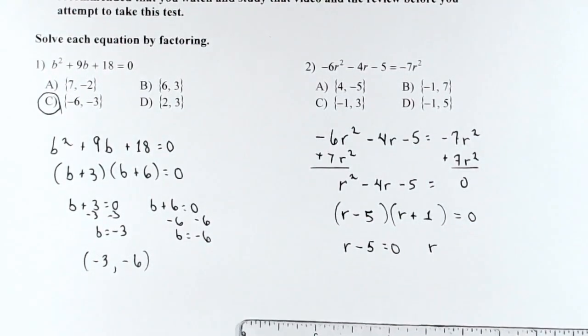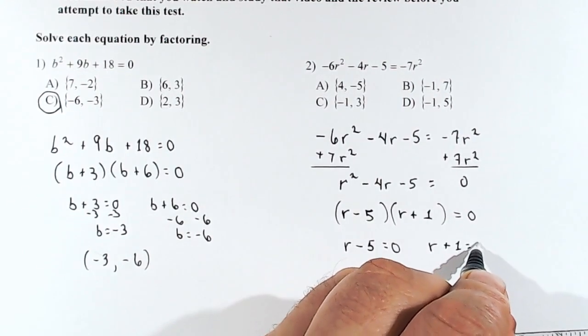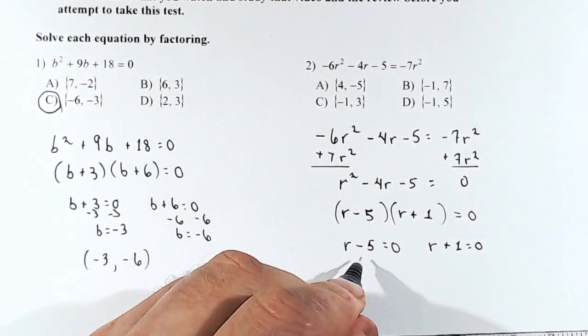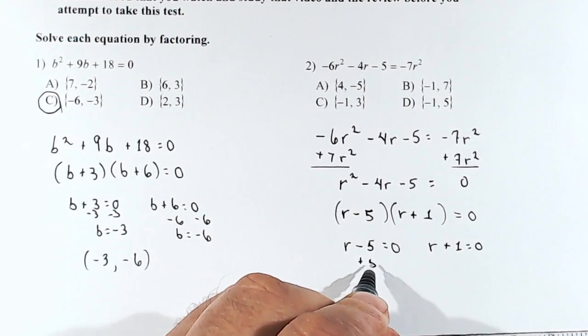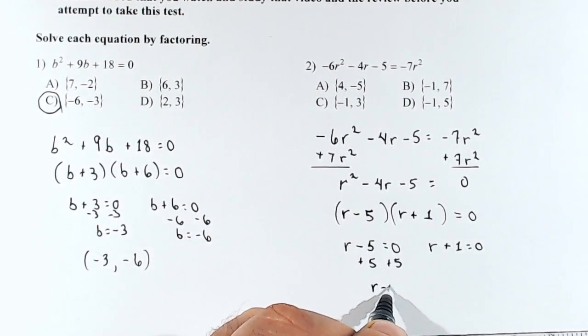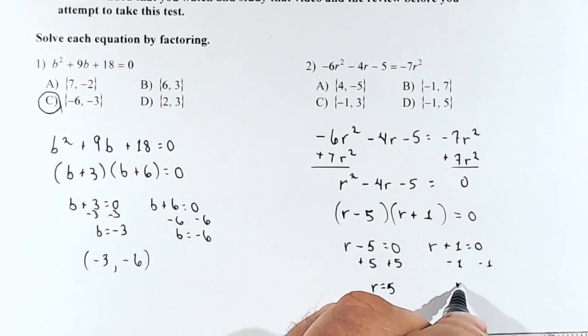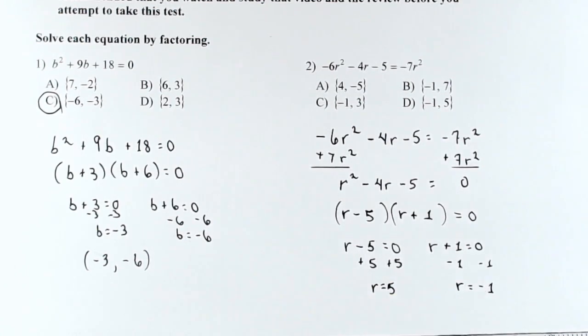So I've got r minus 5 equals 0 and r plus 1 equals 0. If I add 5 to both sides, I get r equals 5. And if I subtract 1 from both sides over here, I get r equals negative 1.